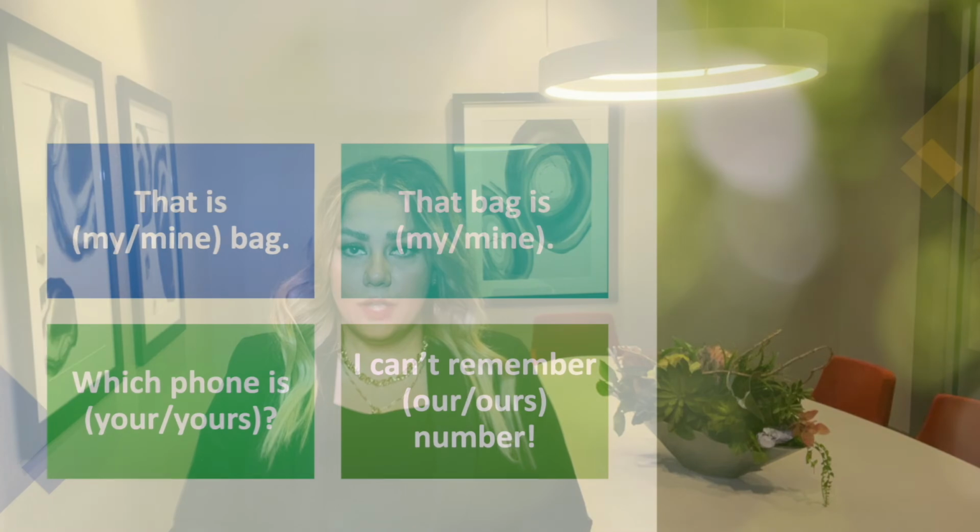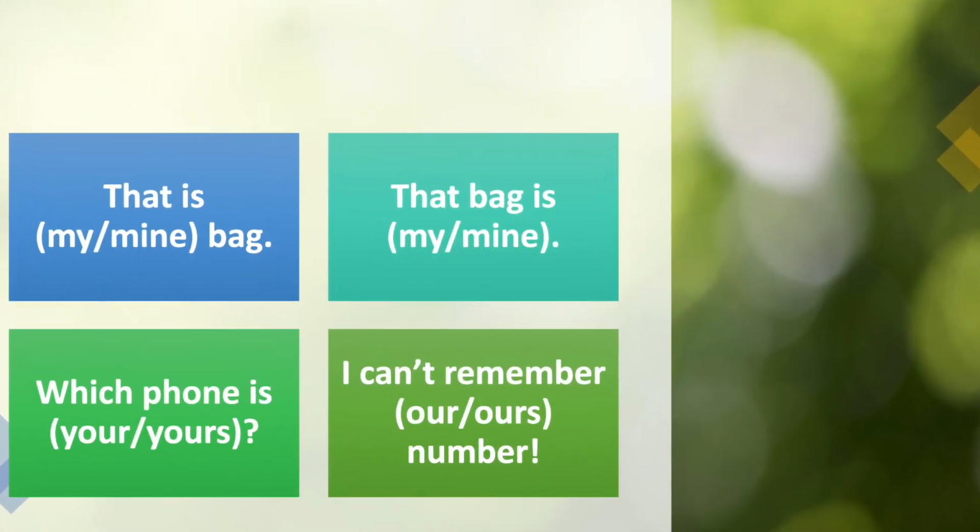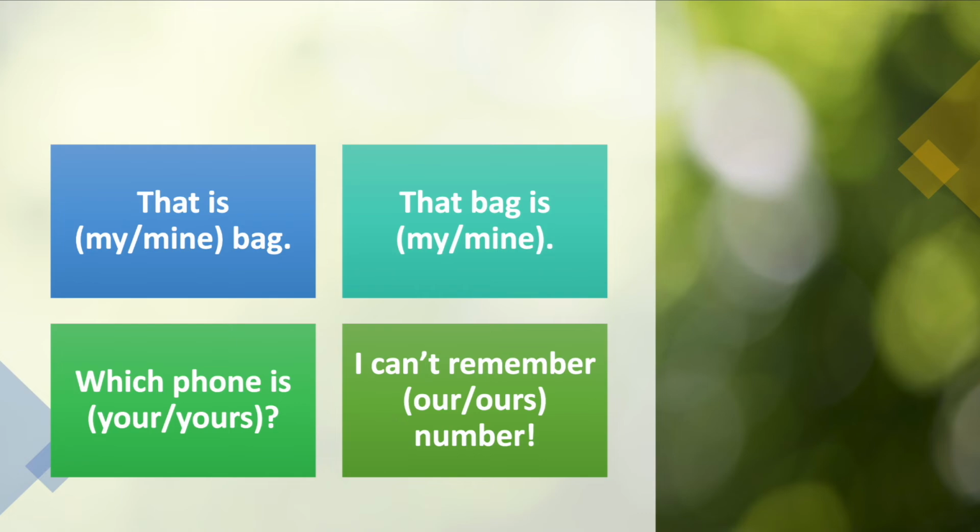Let's take a look. This is my or mine bag. So how do I decide which one to choose here? So we know that independent pronouns come alone. That means they take the place of a noun and they add possession. So we see a noun here, bag. Bag is a noun.